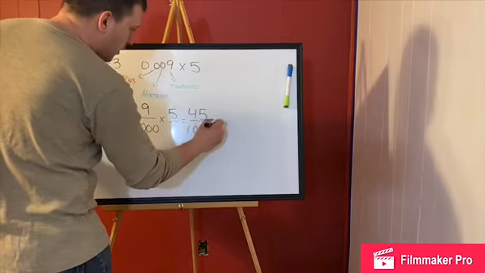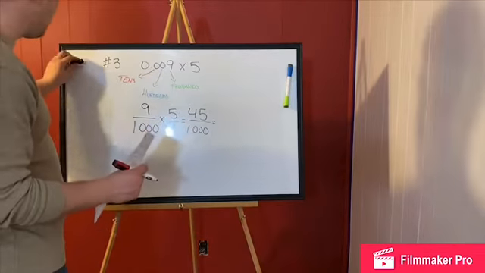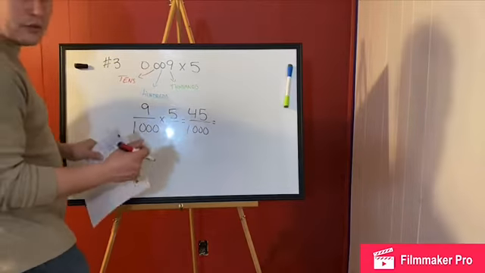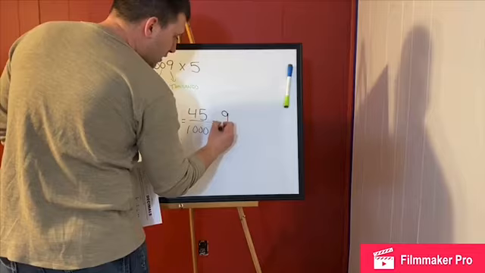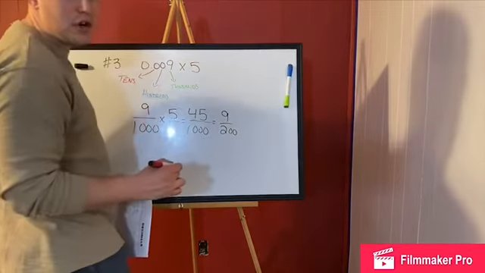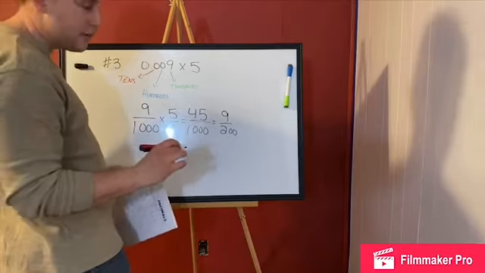Okay? We can break this fraction down further. This would become 9 over 200. That's part of our answer.